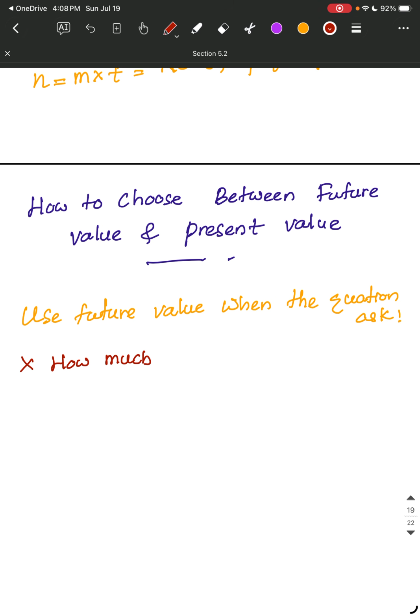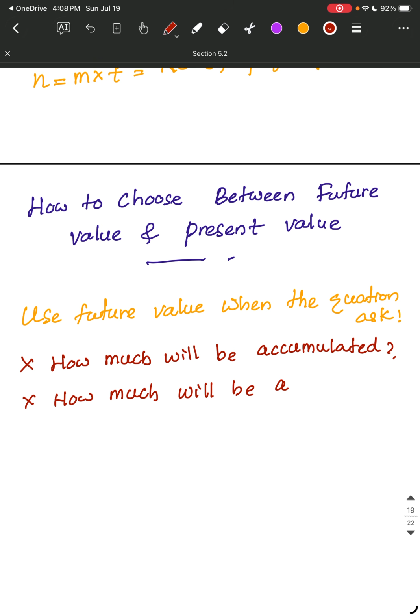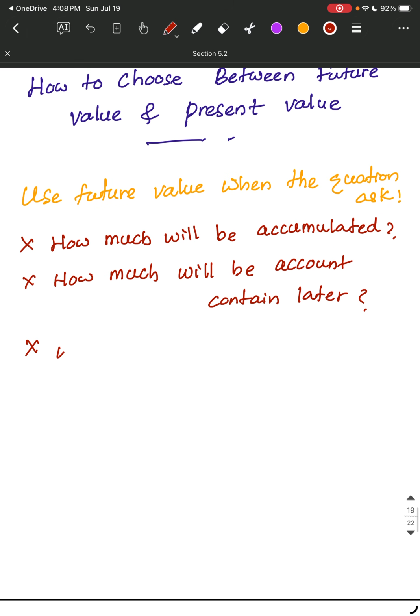How much will the account contain later. What will the retirement balance be? So all those questions ask how much at the end of the time period, the future value.